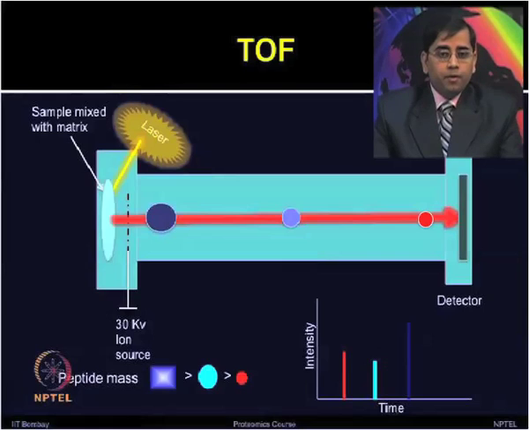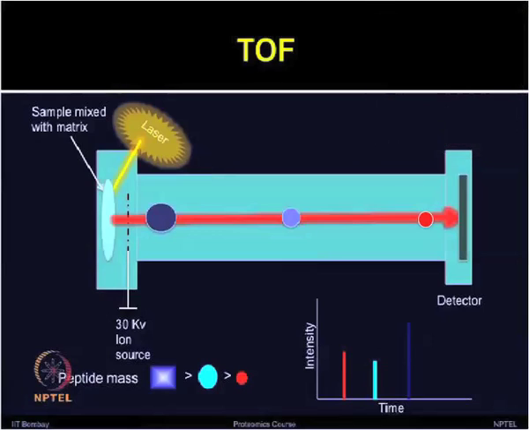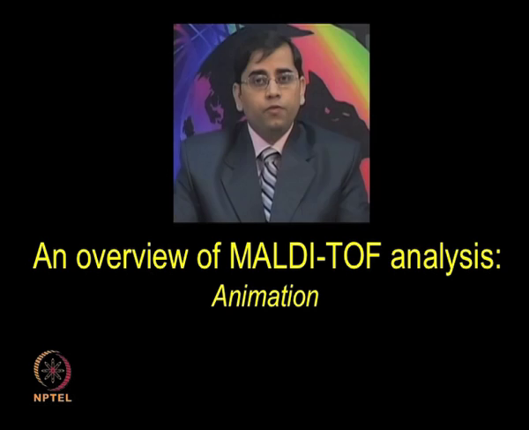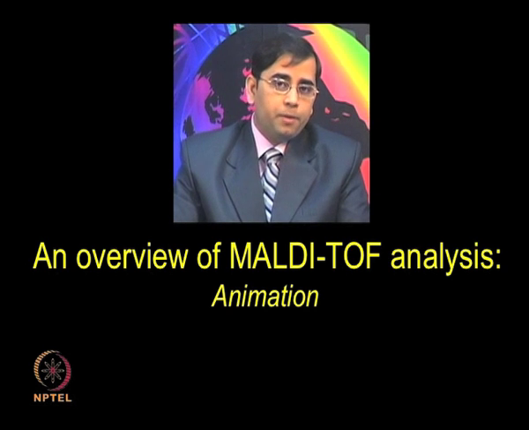Now, if you take an example where you have 3 ions as shown in dark blue, light blue and the red color in the slide, you will expect that the small ion, which is the red one, will show the first peak, followed by the light blue ion and then the dark blue one. After discussing some of these basic concepts of MALDI and TOF, now let me give you an overview of the entire MALDI-TOF experiment by showing you the following animation.